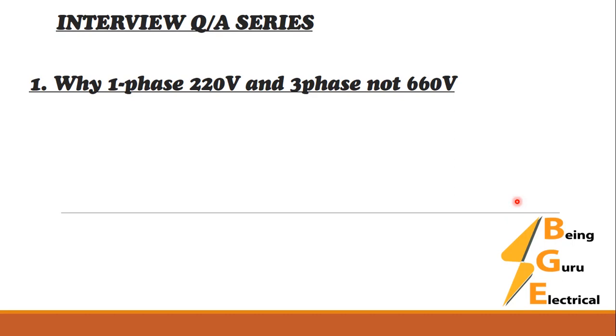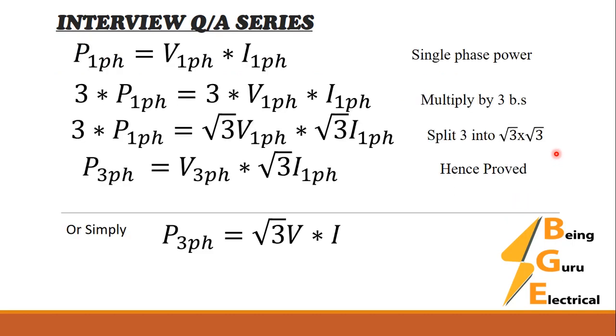To see the answer to this question, we need some mathematical representation. We have single phase power equals single phase voltage times single phase current. If you multiply both sides by 3, then 3 into single phase power is equal to 3 into single phase voltage and single phase current. So 3 into single phase power is equal to under root 3 times single phase voltage multiplied by under root 3 times single phase current.